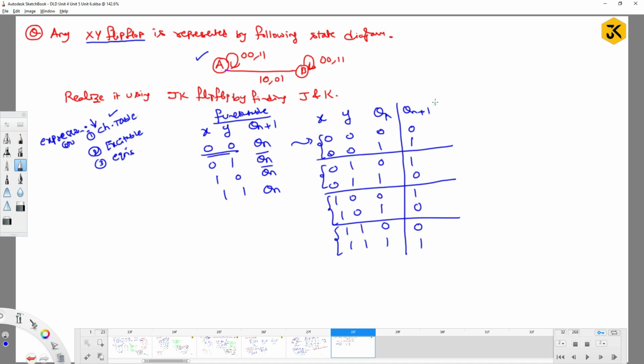From the characteristic table, can we get the excitation table for the JK flip-flop? Yes, for what kind of inputs, how the circuit behaves.